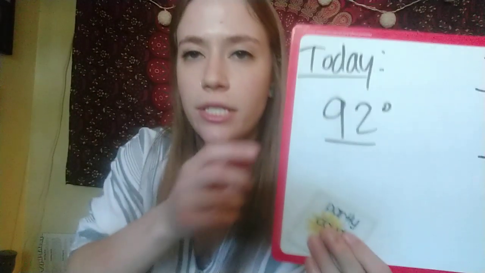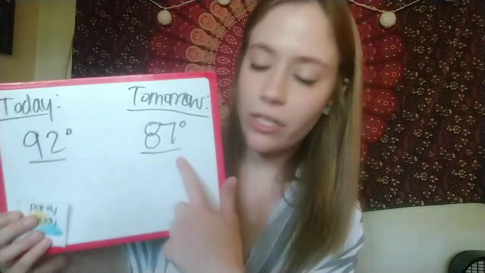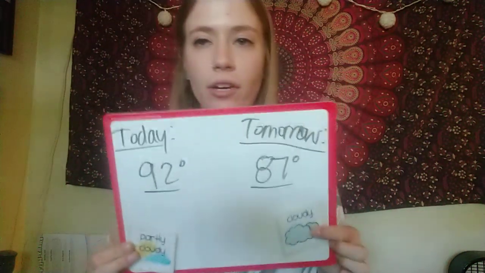Tomorrow will be a high of 87 degrees and cloudy. So here we go. Today, a high of 92 degrees and partly cloudy. Tomorrow will be 87 degrees and cloudy. So our weather for Friday and Saturday.